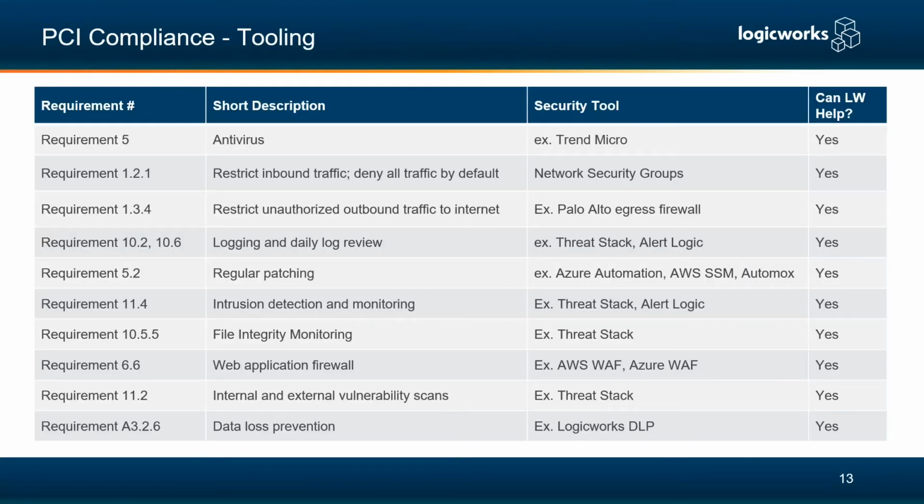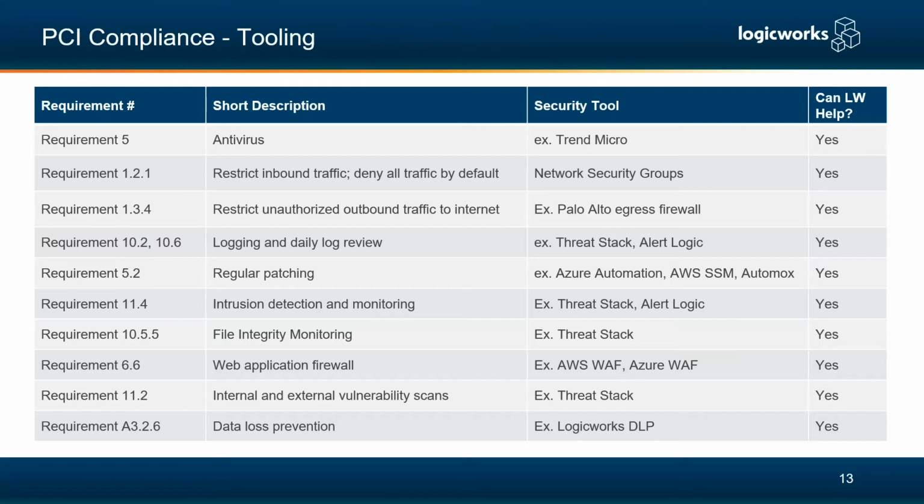So let's take a look at PCI at a high level. Some of these requirements are fairly easy to meet. So if we take requirement 5 at the very top there for antivirus, you can choose your security tooling of choice. But as long as the requirement is met, we're going to get a little checkbox for that.